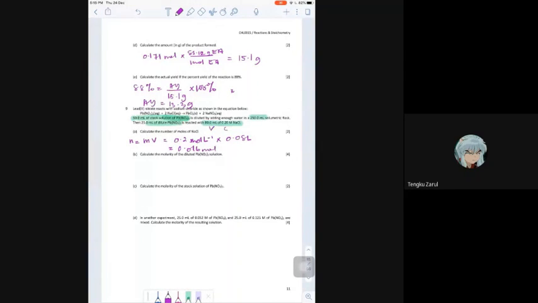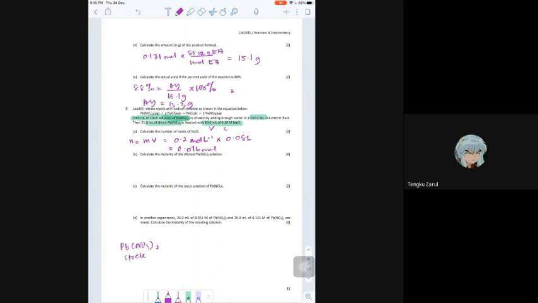Okay. And then what is the concentration of the diluted lead nitrate? So you have to understand the process. At first we have the PbNO3 that is concentrated, the stock.